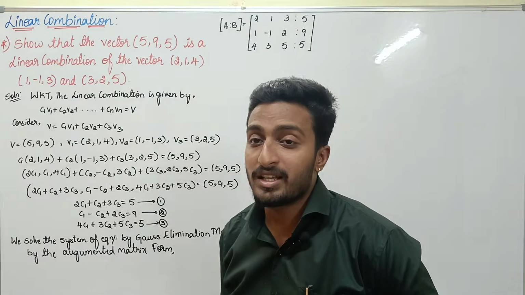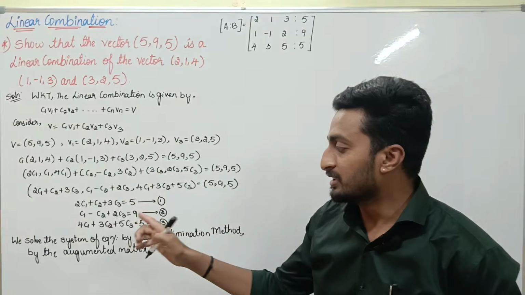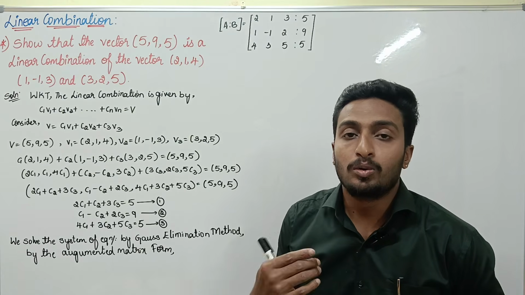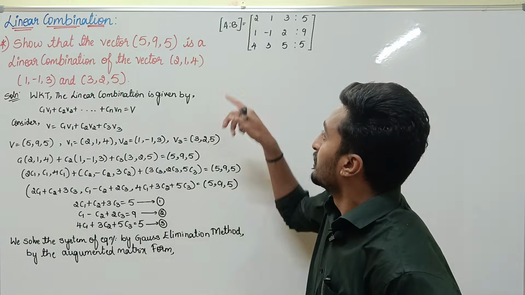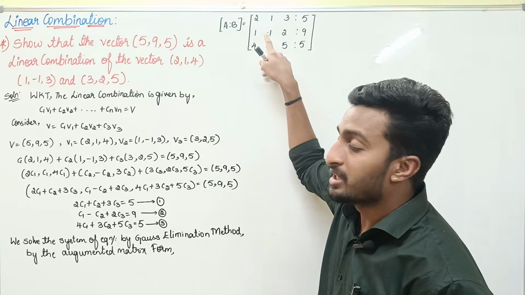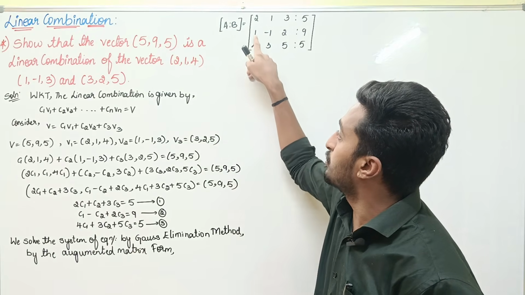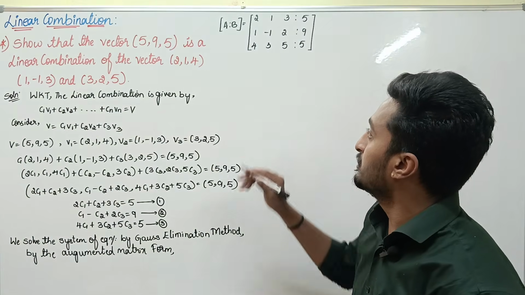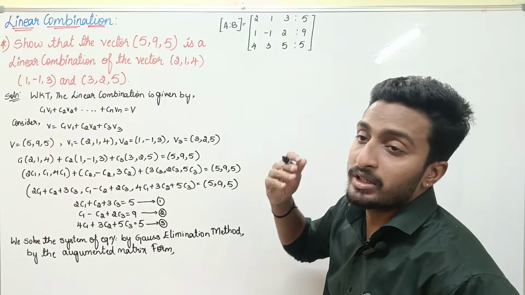Now, what is our aim? I need to solve the system of equations by using the Gauss elimination method. What does it say? Below the diagonal, every element should be 0, that is the entries 1, 4, 3. This is our main aim. So how am I going to reduce? By using row reduced echelon form.